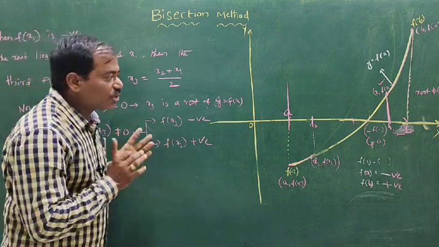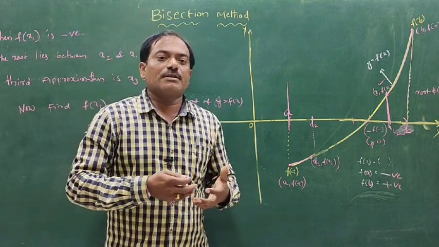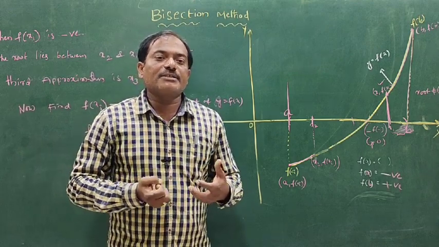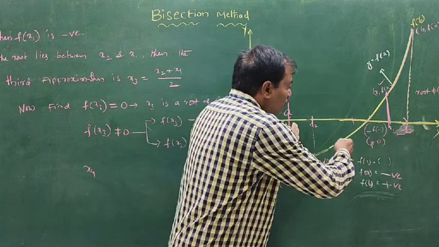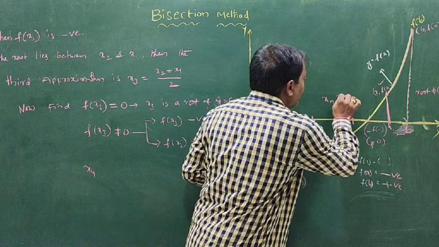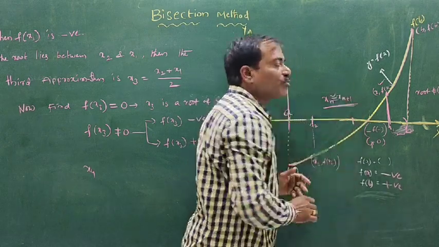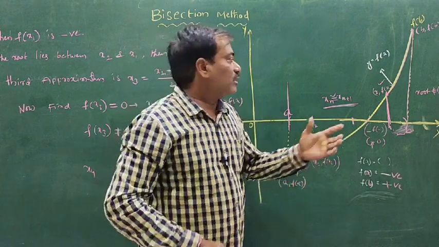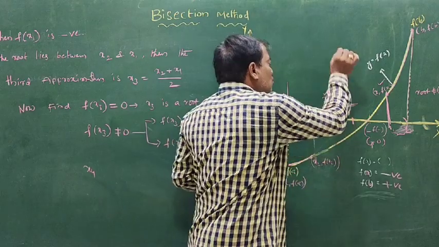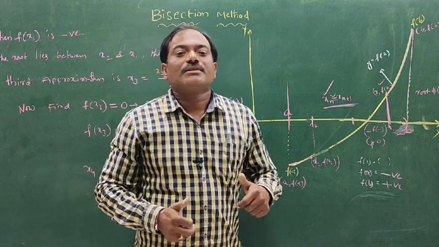So dear students, this is the iteration process, and we repeat the same approximations so that we get more accurate values. We continue up to xn and xn plus 1, and if they are approximately equal, we stop the process, and this value is said to be the root of the given equation.